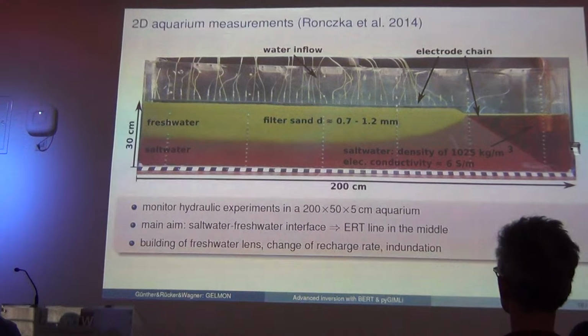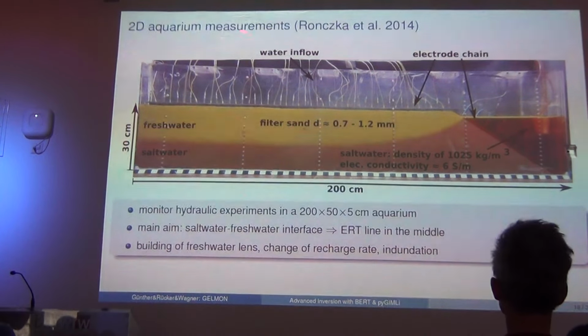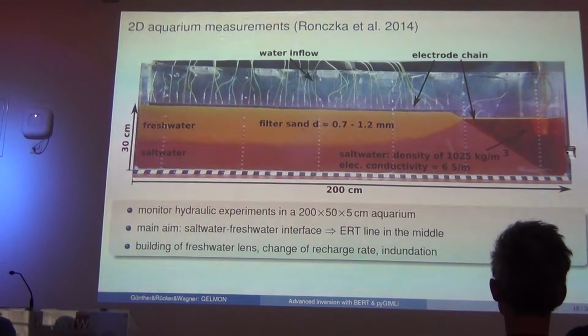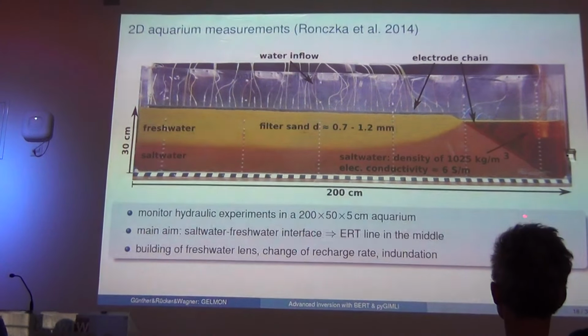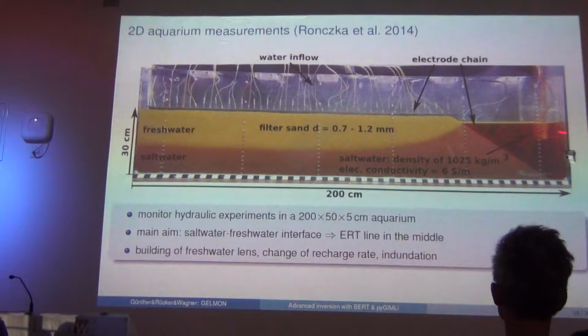So this is my main example I'd like to present. This is a geoelectrical monitoring example, to come back to the point. It's a 2D aquarium measurement. So we have a 2-meter aquarium, from quite a few years ago, filled with sand, but there's a slope of the sand, and there's some water here. We started off with salt water.